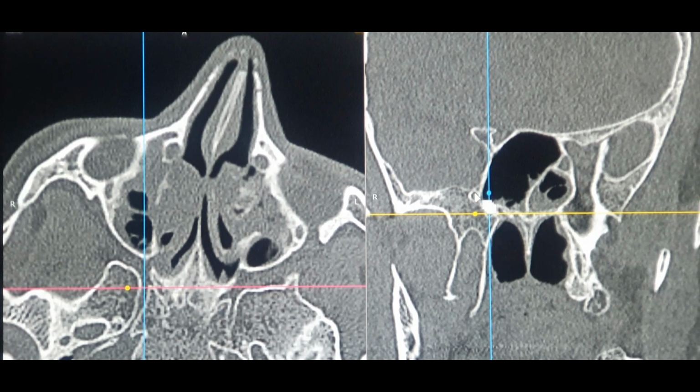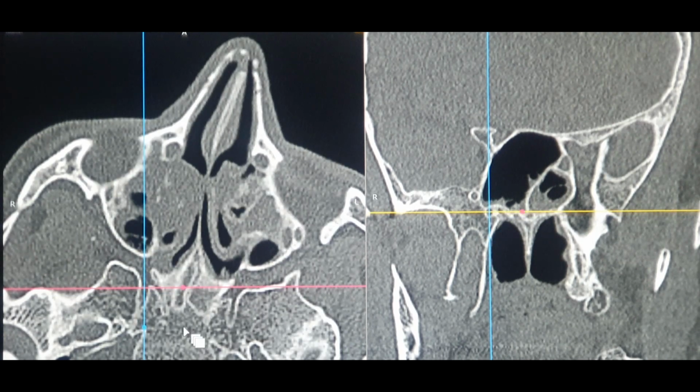Whatever two structures you see, the median one will always be Vidian, and inferiorly at the floor of the sinus. And if I keep my cursor right there, we can see the exact location of the Vidian canal right there. You can actually trace back the Vidian canal posteriorly to find the internal carotid artery, which acts as a landmark in anterior skull base surgery.